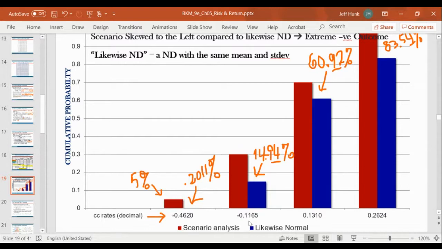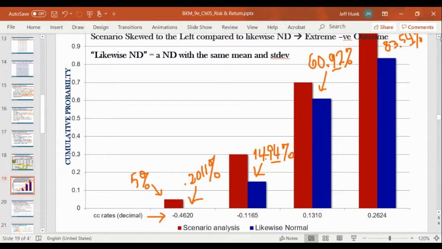Using continuously compounded return, the cumulative return would be negative 11.65%, and this cumulative probability will be 30%, but the probability by the lognormal distribution will be about 15%, right?